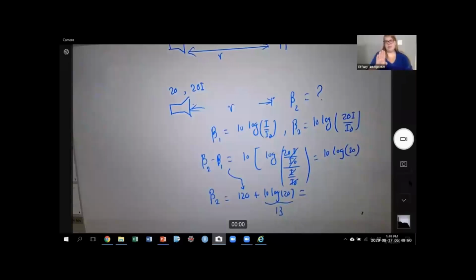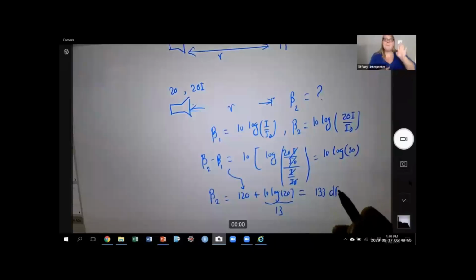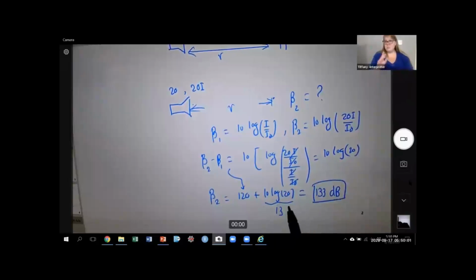So the answer is 133 decibel will be the new sound level. So the decibel increase is only 13 decibel, even if you increase the power by 20 times. The loudness will only increase by 13 decibel, because it increases logarithmically. So that's the question.